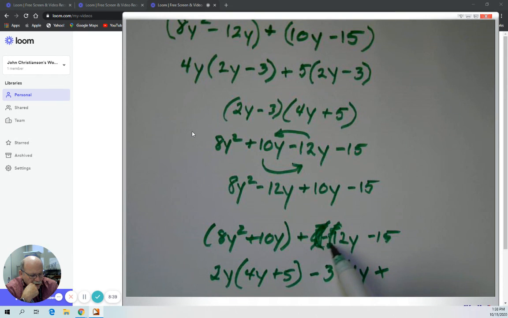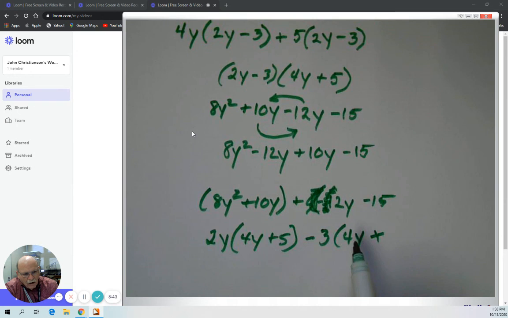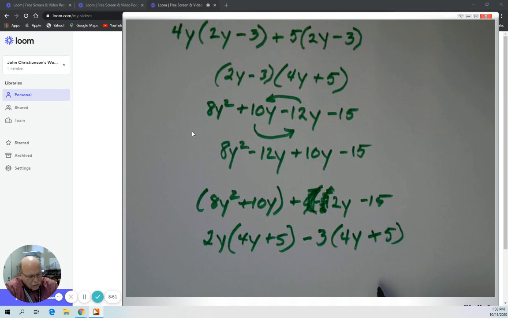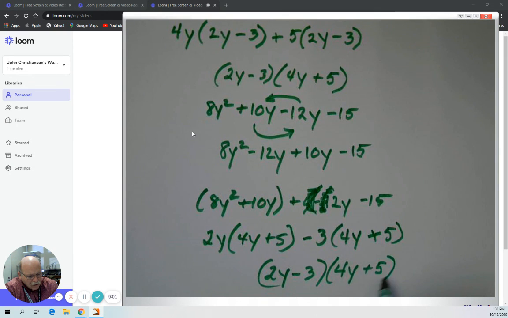So that should have been inside there. That's a little sloppy now, but 4y plus 5 here, because we factored out negative 3 out of both of those. And what do I get here then? 2y minus 3 times 4y plus 5. So I get the same answer.